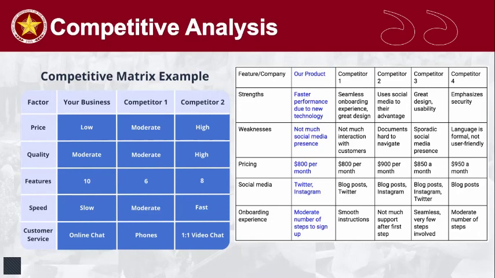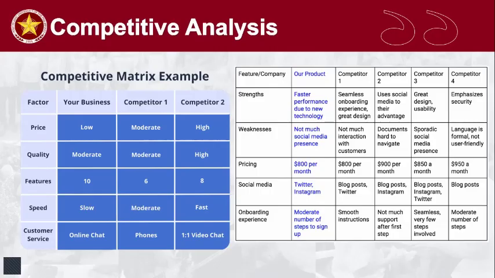We can also have the strengths. For example, your company has faster performance due to new technology. For weaknesses, the school is not advocating or using the pages to communicate, since most of the clients can see information online.